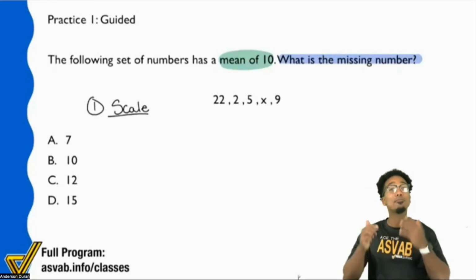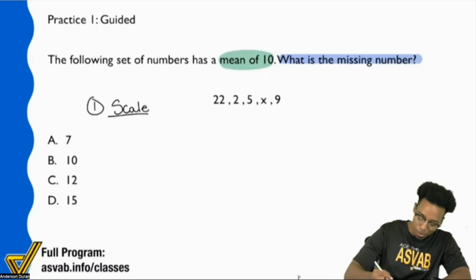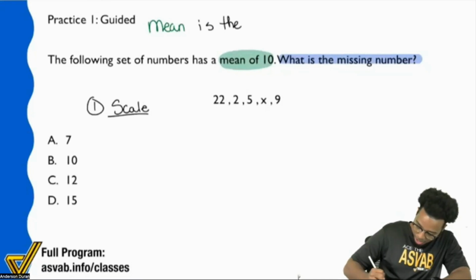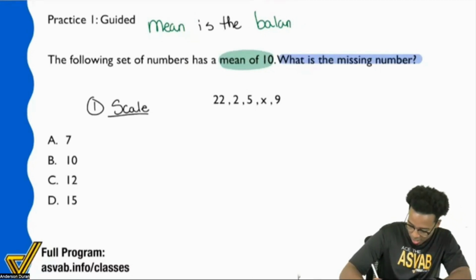The mean is the balance point of a set of numbers. Let's remind ourselves, and trust me, I'm taking it slow for a reason. The mean is the balance point of the numbers.